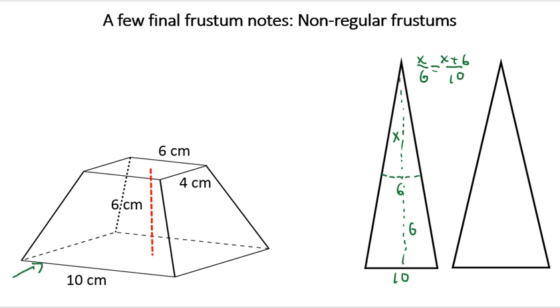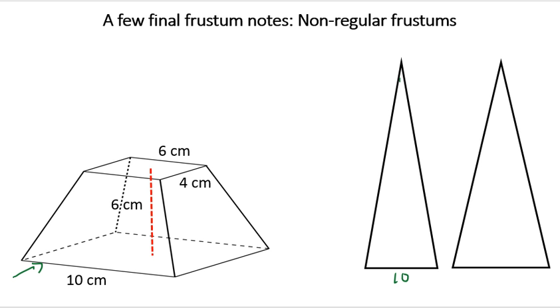So you could do that, find the volume of the entire pyramid, take away the volume of this top portion. Where it gets a little tricky is with this type of non-regular frustum, you notice that you've got two different slant heights. On one slant height, you've got a triangle looking at it from the green side, where we've got a height of 10.